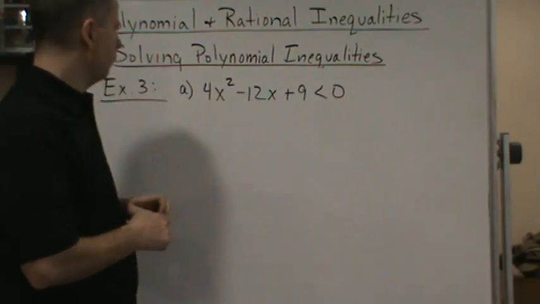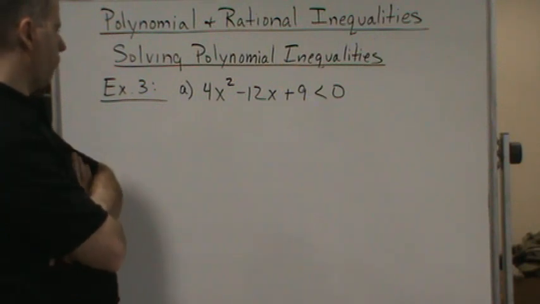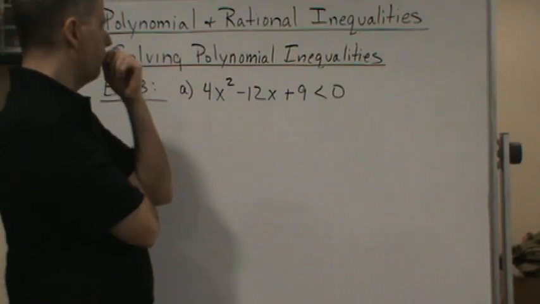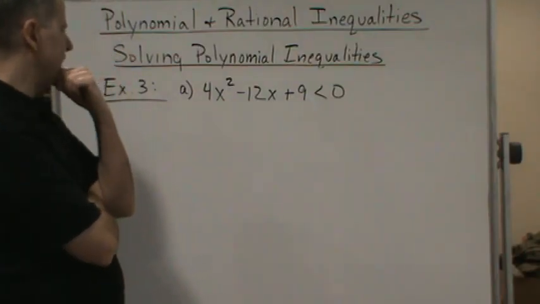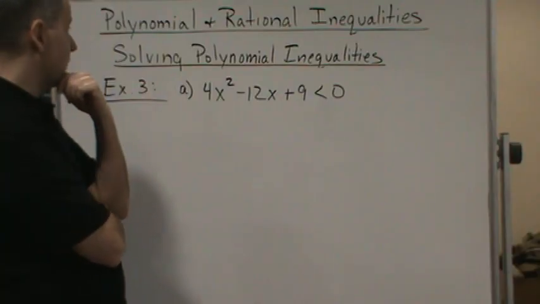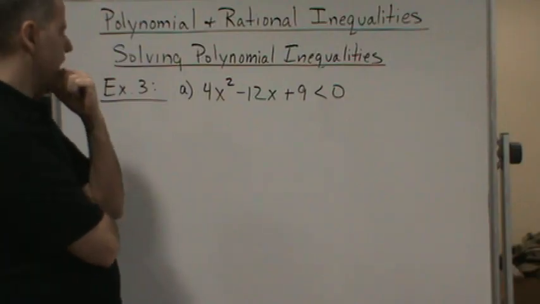What is it? It's not popping out of me. Maybe I'm getting fixated here. So 36, 2 times 18, 2 and 18.